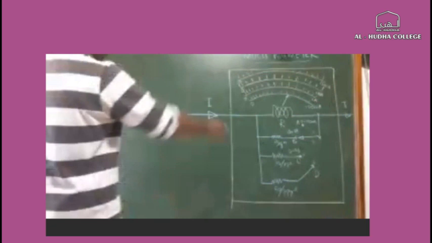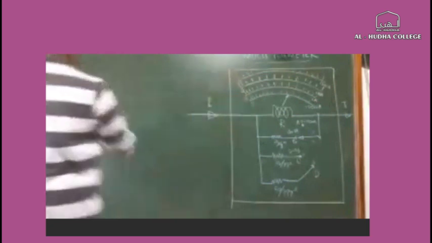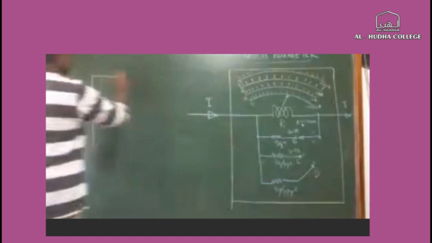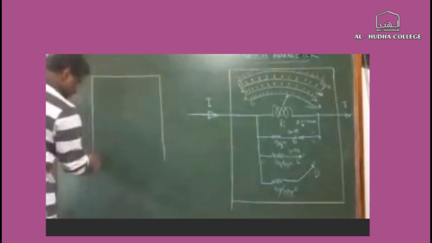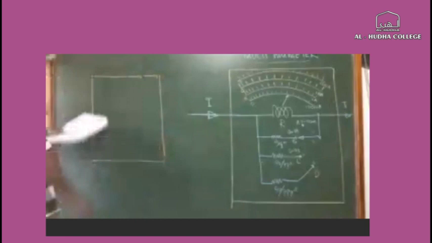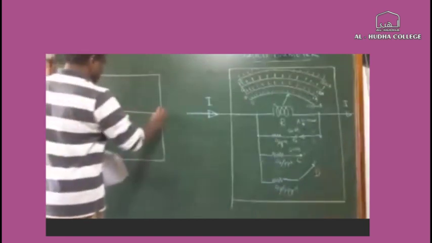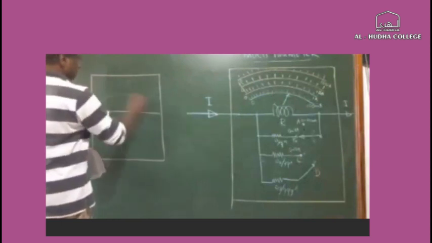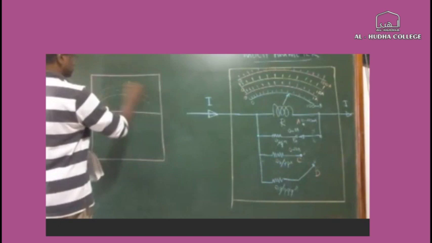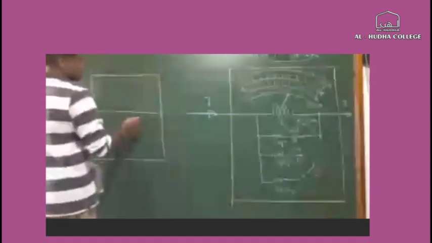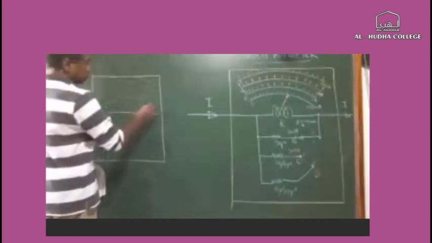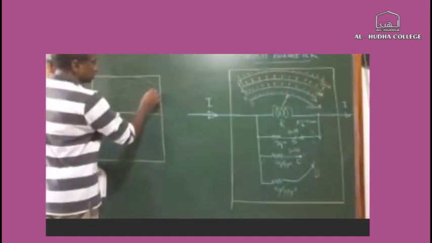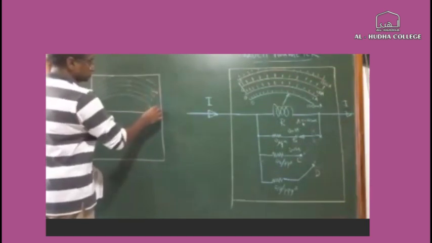So, although this is the internal circuit arrangement, your multi-ammeter physically might look like this, right? So, you have the deflecting pointer and different scales, which you can see from outside, right? 0, 100, 1, 10, 100 amps, and so on, right?